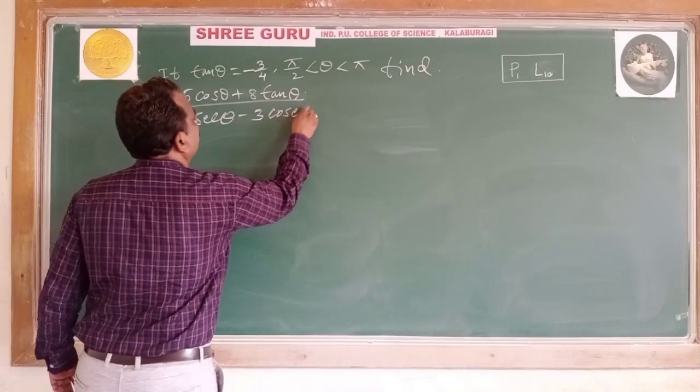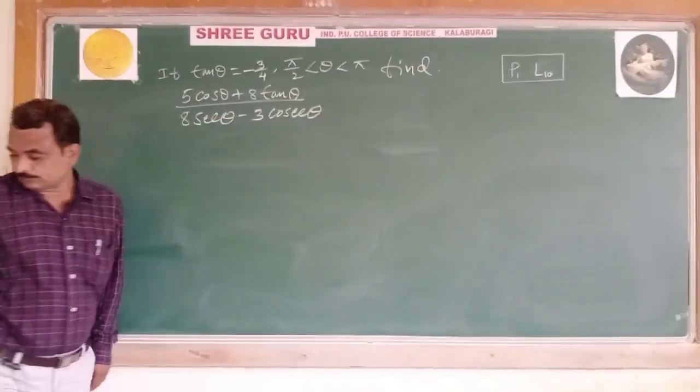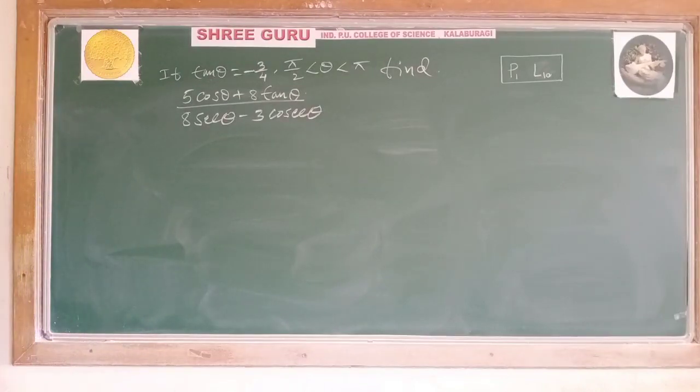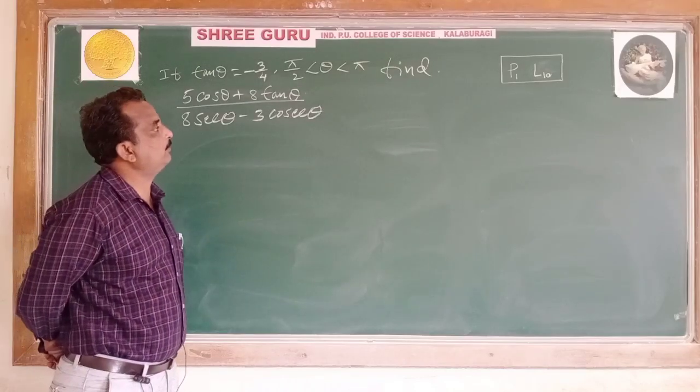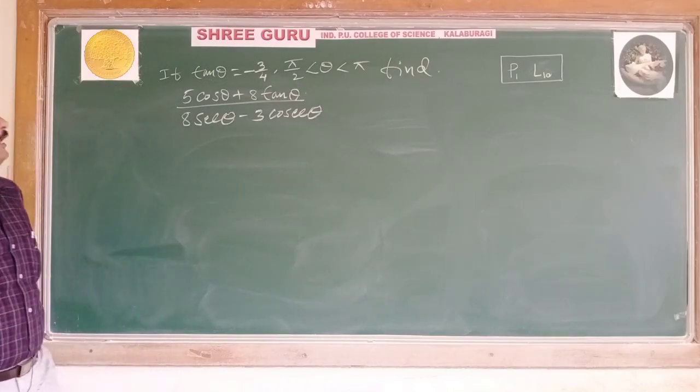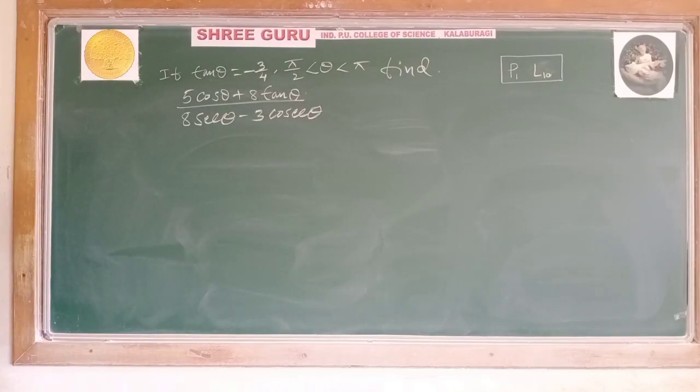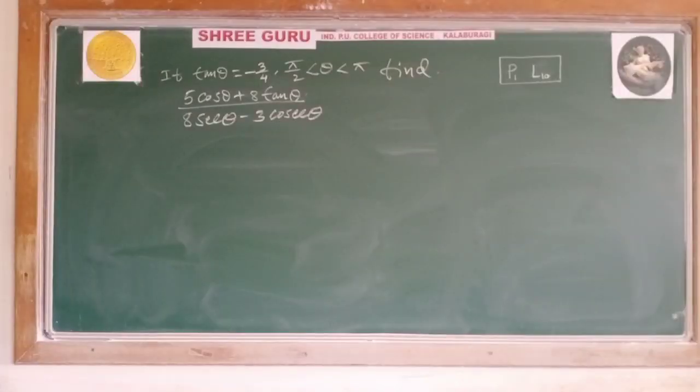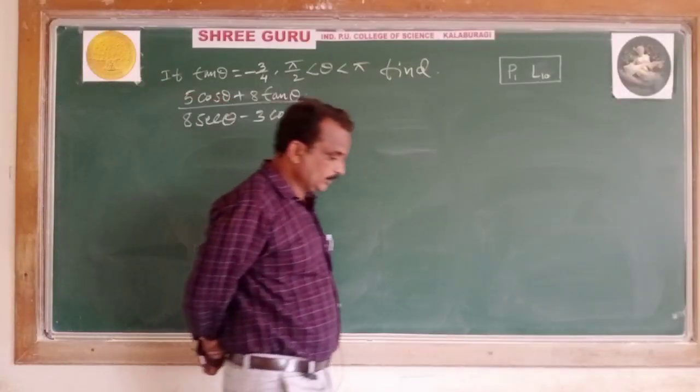Once again I repeat the question, students. If tan theta is equal to minus 3 by 4, theta lies between pi by 2 and pi, greater than pi by 2, less than pi, find the value of 5 cos theta plus 8 tan theta divided by 8 sec theta minus 3 cosecant theta.